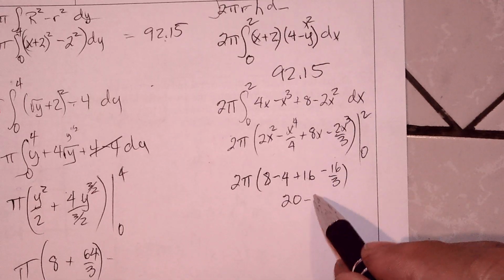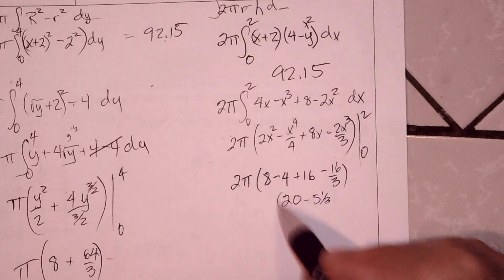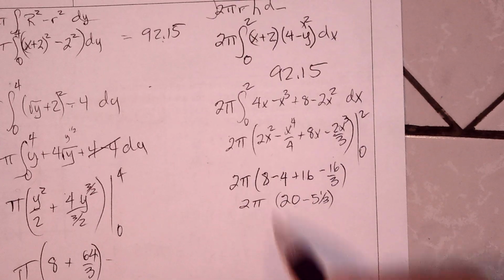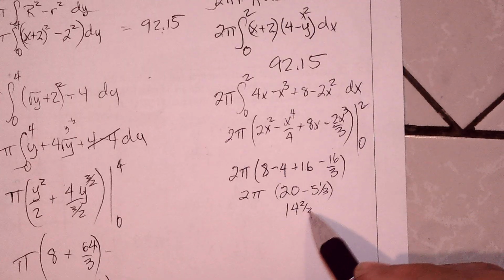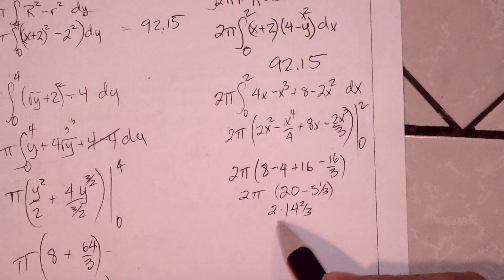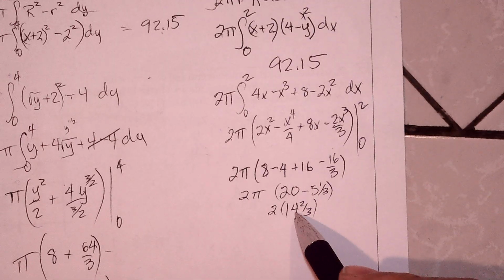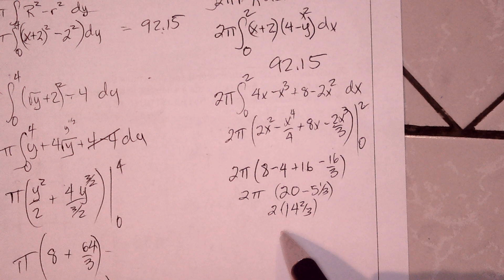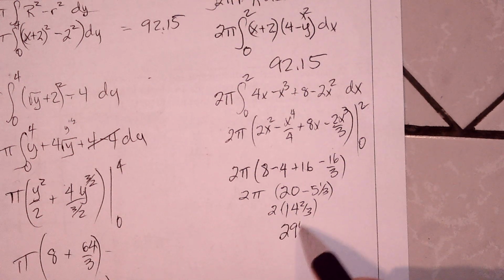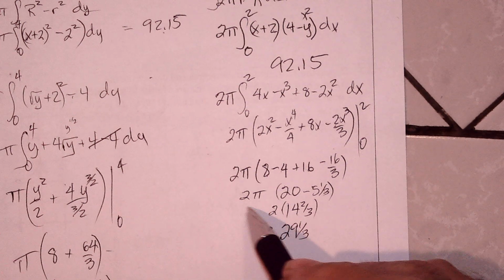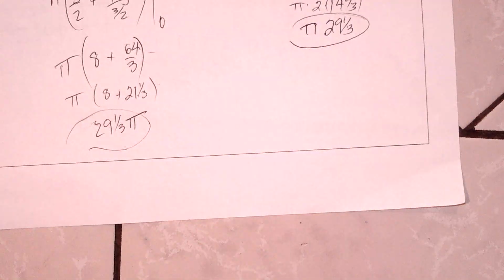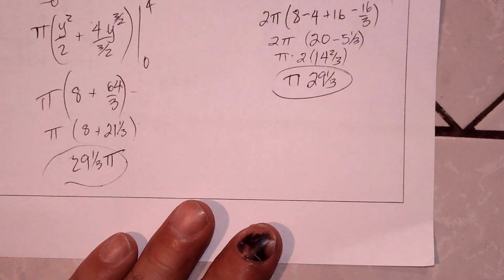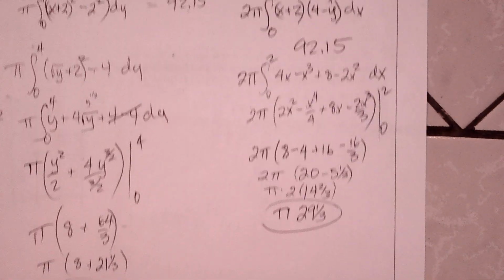Minus 5 1/3. So that's 14 2/3 times 2, which is 28, 28 4/3, 29 1/3 times pi. Same answer. There's all the work. Okay.